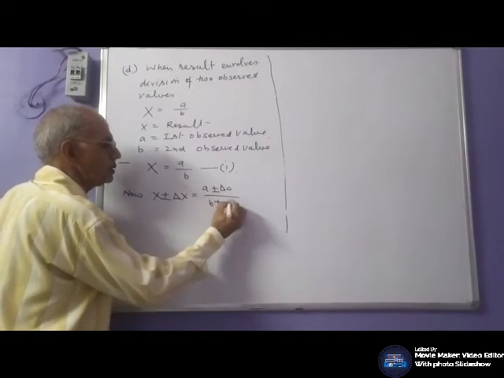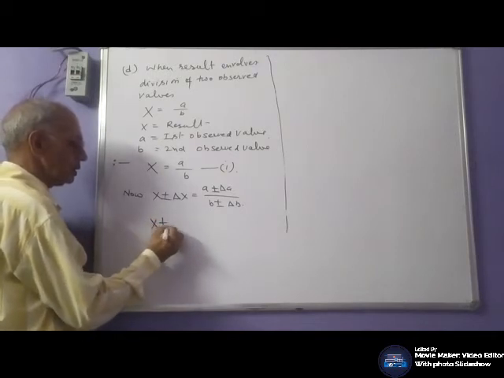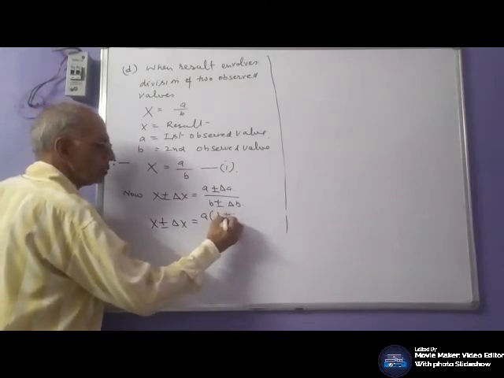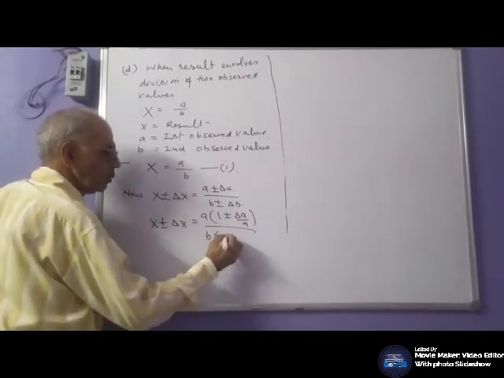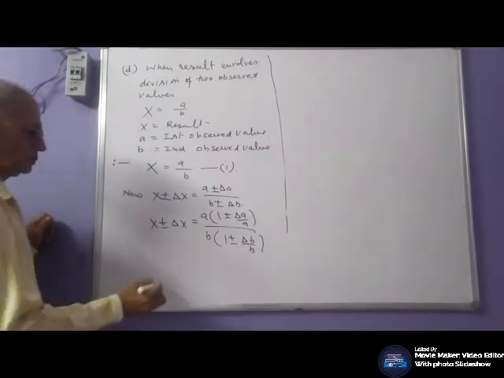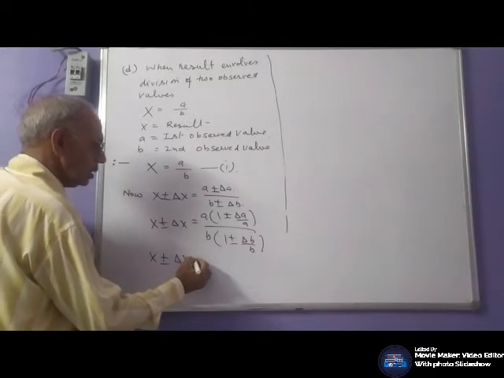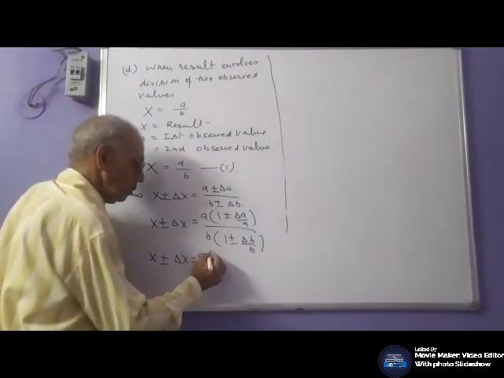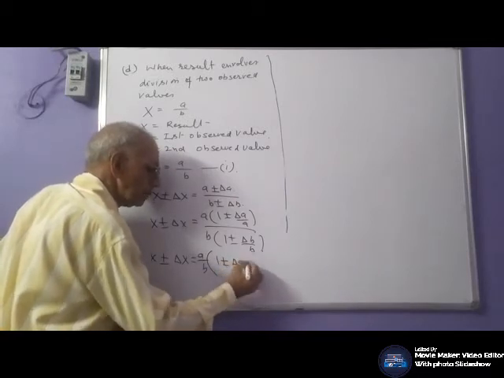B plus minus delta B. X plus minus delta X. A common: 1 plus minus delta A by A. B common: 1 plus minus delta B by B. X plus minus delta X equals A by B times 1 plus minus delta A by A.